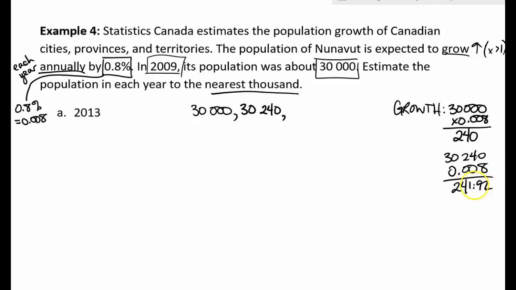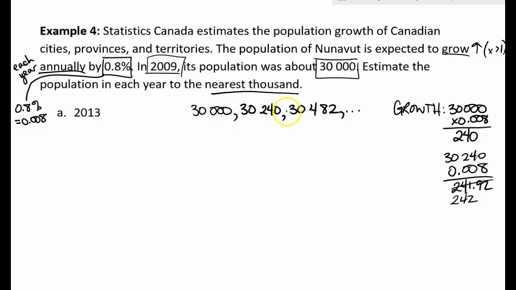Well, I'm not going to have 0.9 of a person, so I'm going to round that up to 242. My new population is not going to be just 242, though. I'm going to add it to what I already have. So that's going to be 30,482 people. And this is how it's going to continue.